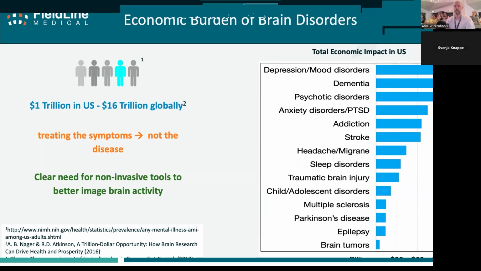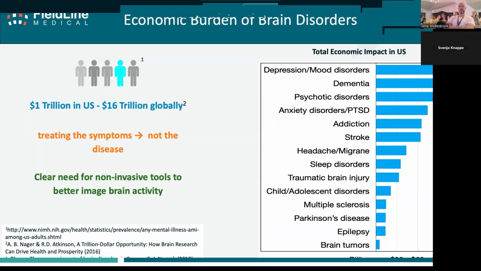And so the motivation of why we need to improve our imaging abilities of the brain is really that first, it's a large burden on the people that are affected. If you look at the majority of these diseases, a lot of them are really nasty diseases. And the reason why it's so expensive for countries is first that every 5th person suffers from a diagnosable mental disorder, and that's scary.